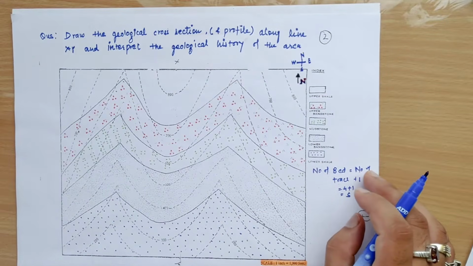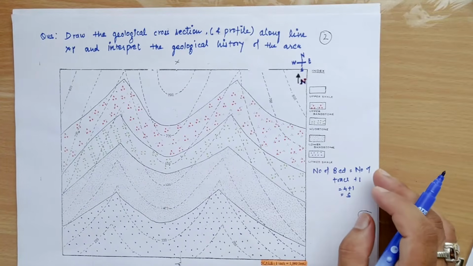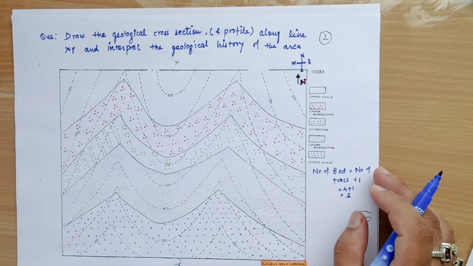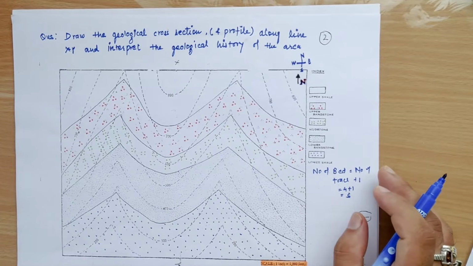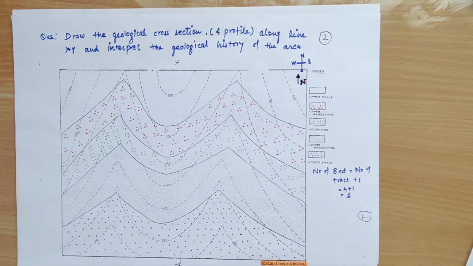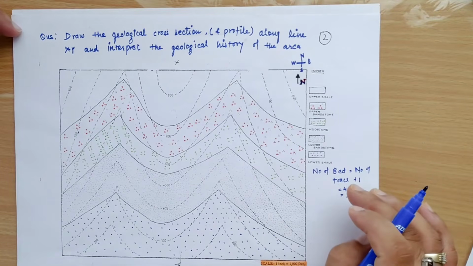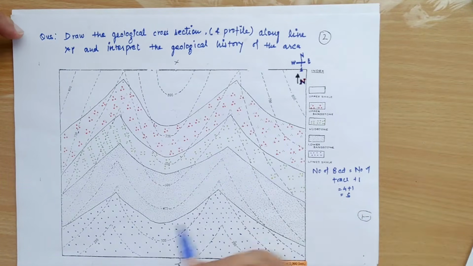Like always, we will first take the topography of the area, then we will find out what structures are present in this area, then we will find out the order of superposition of those structures, and ultimately we will reconstruct the geological history. So this map is characterized by 5 beds.